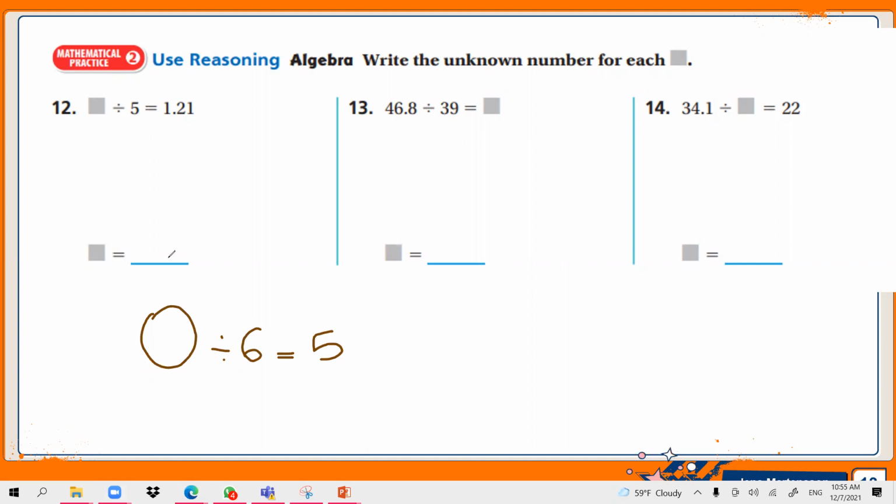When you divide by 6, you get 5. What's the number? Aywa, 6 multiplied by 5 gives you 30. So that means 30 divided by 6 gives you 5. So in order to know what this number is, you have to multiply 5 and 6. When you multiply them, you get 30.